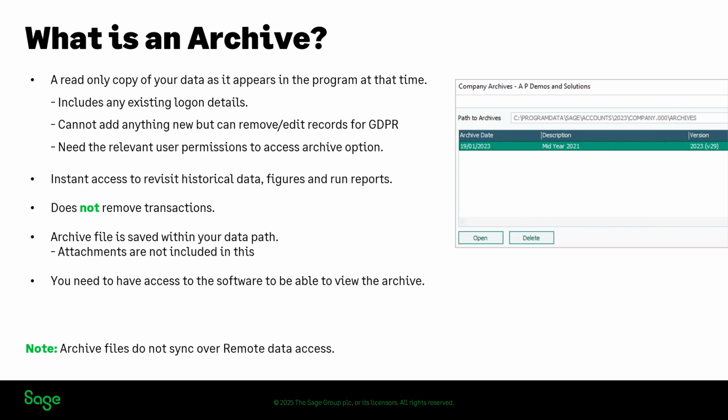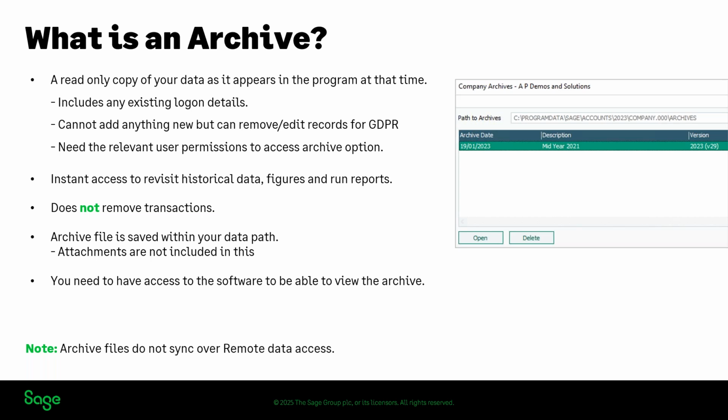Now, be aware, attachments are not included. So we would recommend taking a backup to include any attachments. And lastly, you need to have access to the software to be able to view your archive file. So you must have a copy of Sage and a valid license to be able to view the archive.